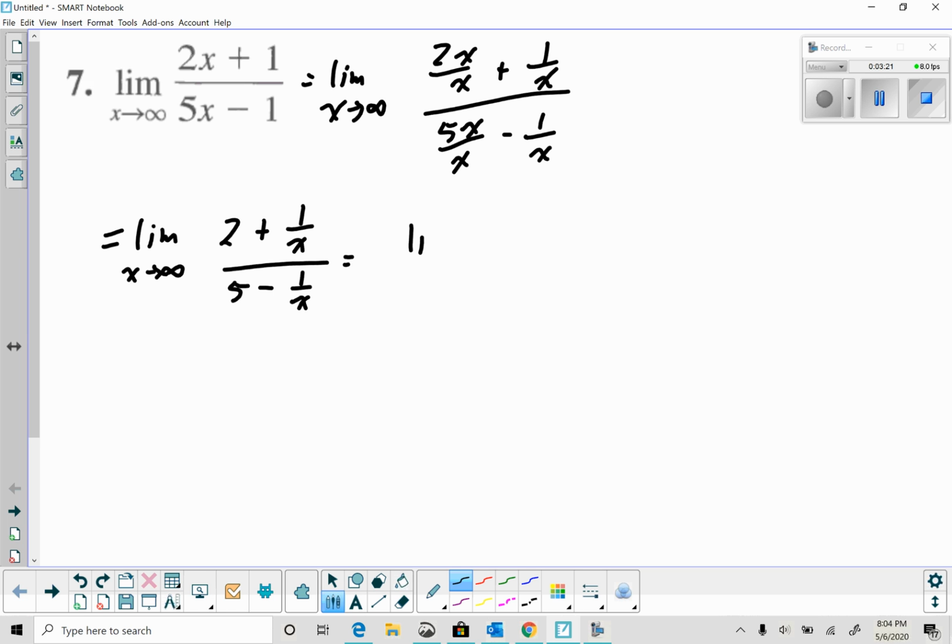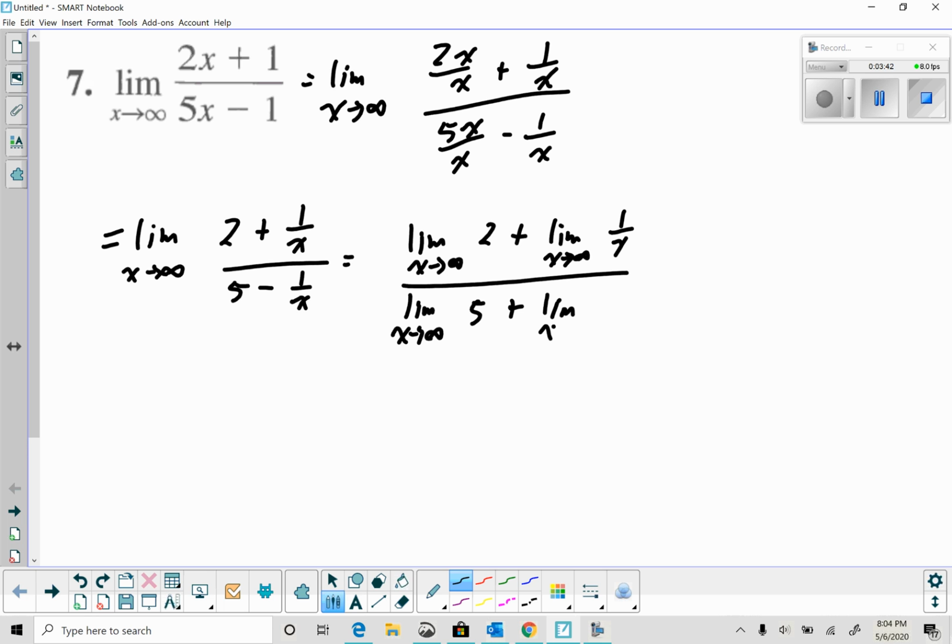this is the limit as x approaches infinity of 2 plus the limit as x approaches infinity of 1 over x, divided by the limit as x approaches infinity of 5 plus the limit as x approaches infinity, minus that limit as x approaches infinity of 1 over x.